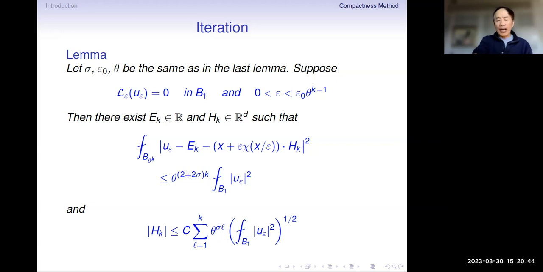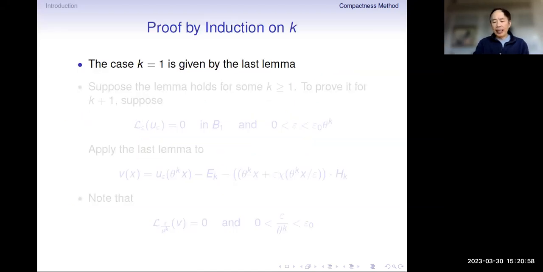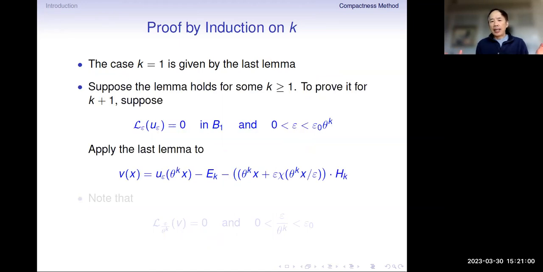Moreover, I have control on this constant HK written in this form. First of all, this is done by induction. The base case k equal to 1 is just the last lemma. That's the first case here, and then you prove this by induction.